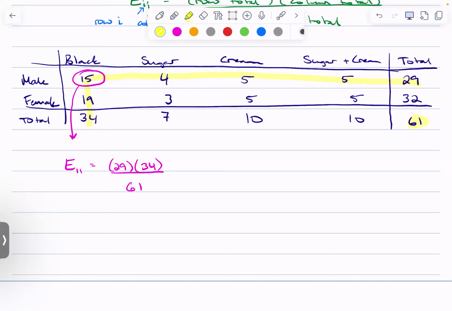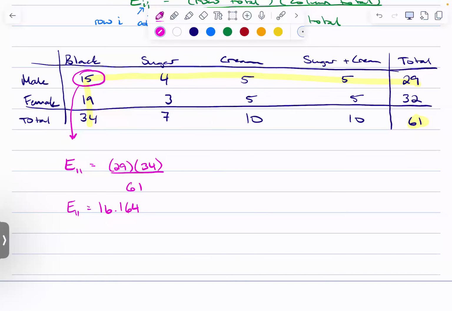So once you do 29 times 34 divided by 61, I get an expected count of 16.164. Let's keep 3 decimal places.